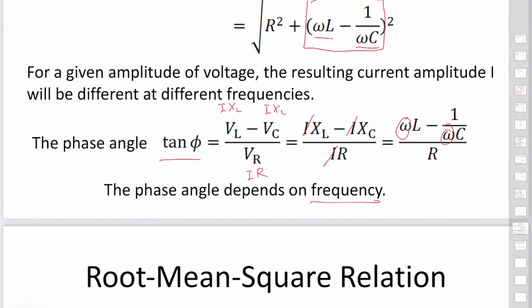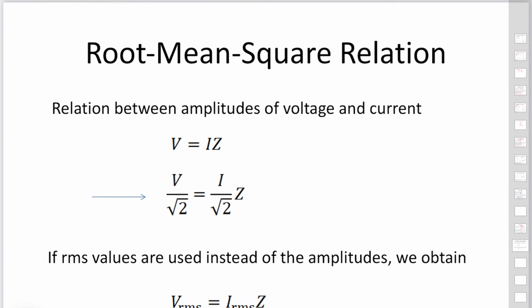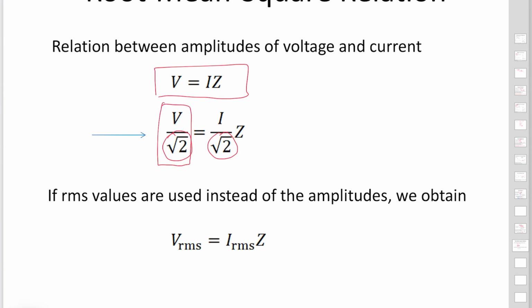Last topic in this session is the root mean square relation. The relation between the amplitude of voltage and current is expressed as V equals I Z, where Z is the impedance. If you divide by the square root of 2 on both sides of the equation, the left hand side becomes the root mean square value of the voltage, and I over square root 2 becomes I sub RMS.